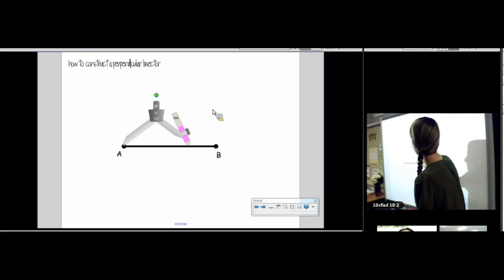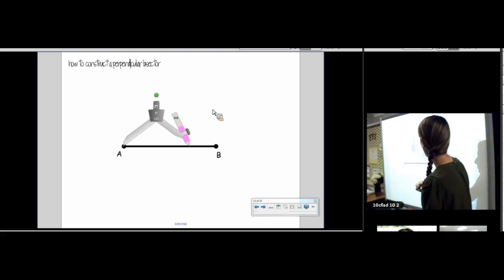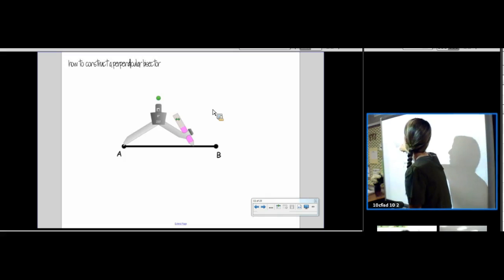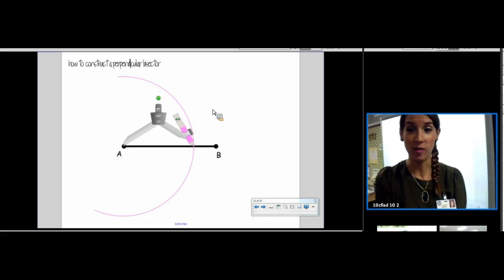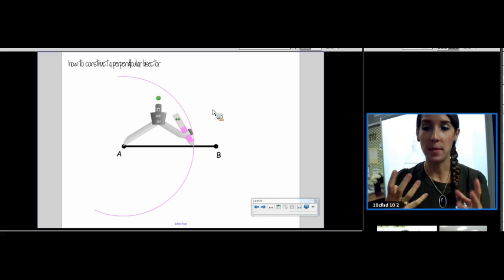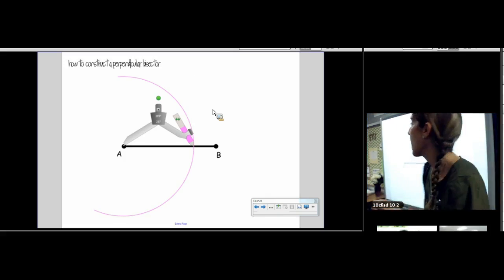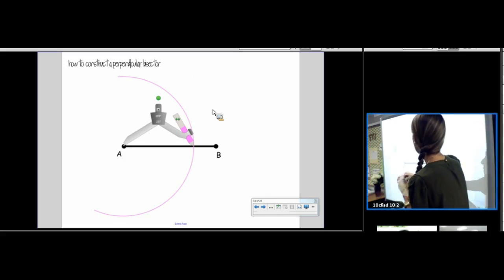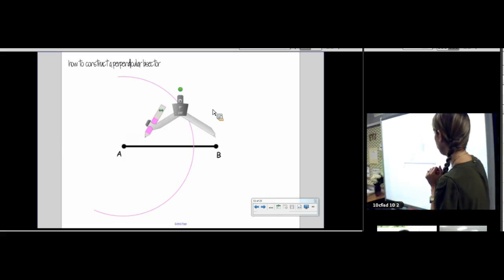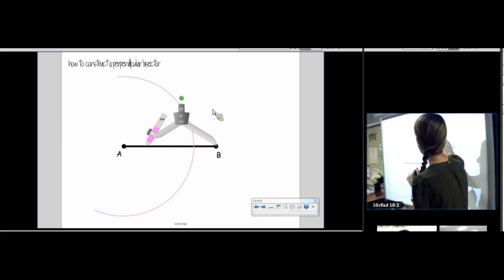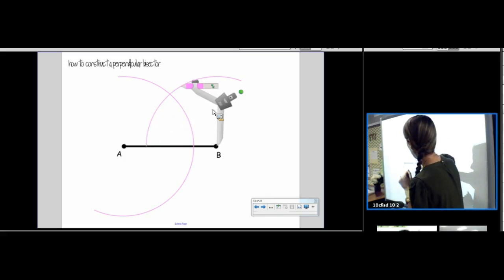Doesn't have to be perfect, you just kind of guesstimate. Then you're going to take your compass and make a nice big semicircle. You're going to leave your compass on that exact setting, switch it around, and put the needle on the other end point. Then you're going to make the same exact semicircle going the different direction.